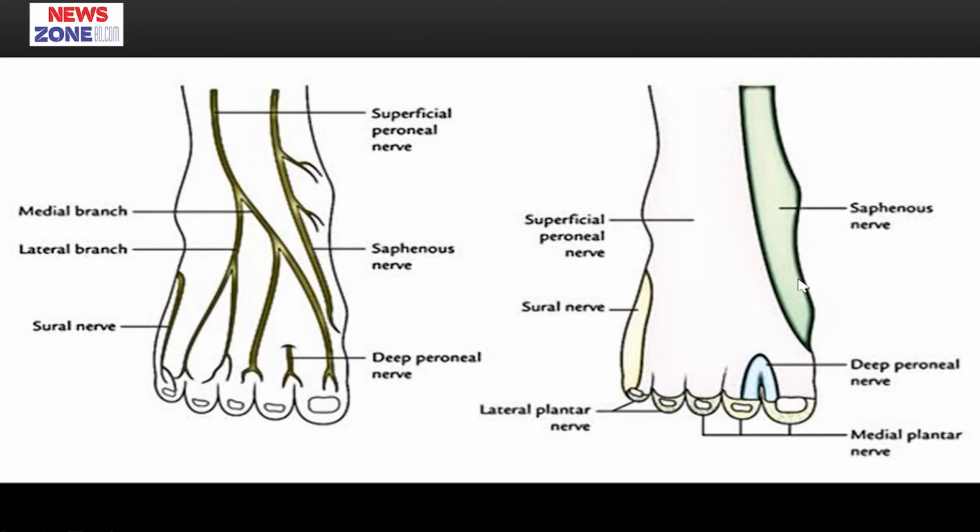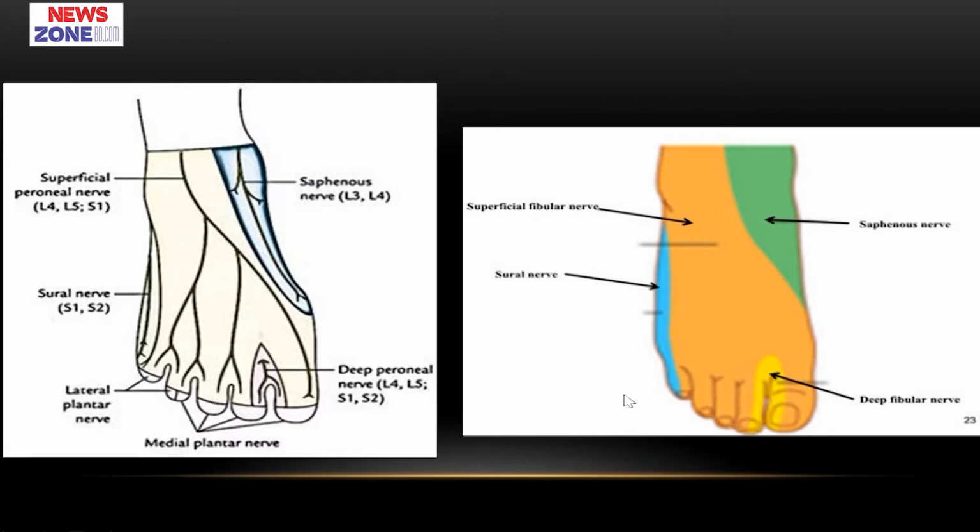This area by saphenous nerve, and these medial 3 toes are supplied by medial plantar nerve, and these lateral 2 toes supplied by lateral plantar nerve. Here also we can see the cutaneous innervations, and these are the areas marked by different colors.